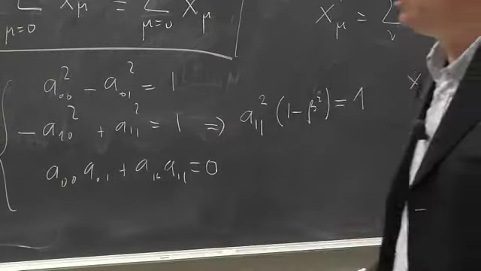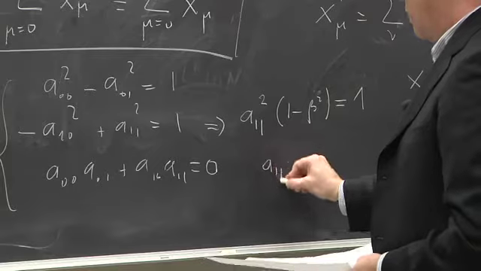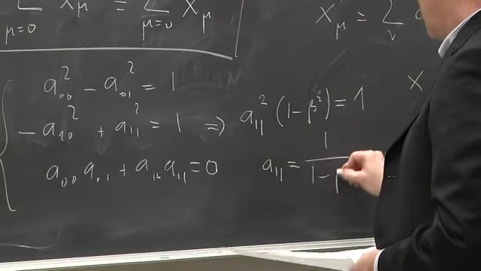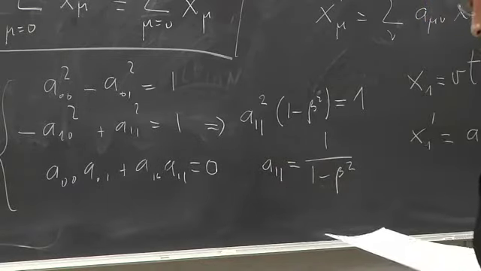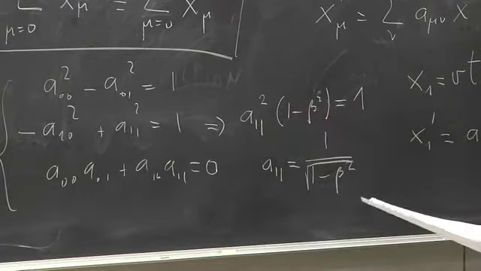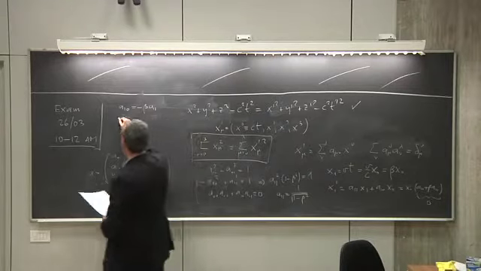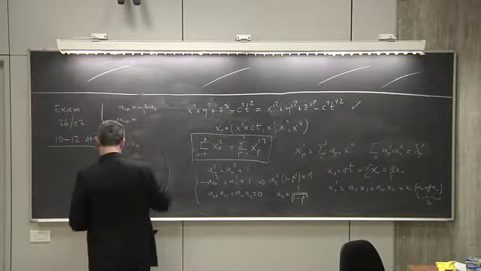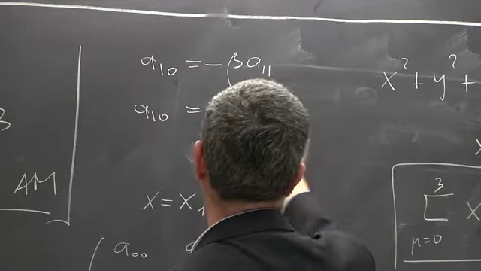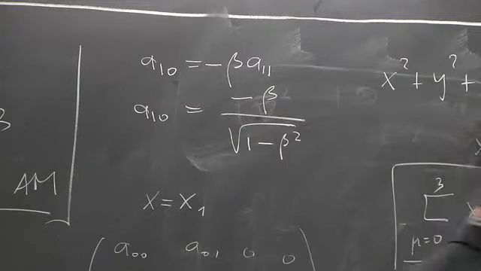From here, I deduce the value of a11: a11 must be 1 over the square root of 1 minus beta square. But then, if I know a11, I know a10 because of this. It's just minus beta over the square root of 1 minus beta square. Okay? And from here, I get the other.